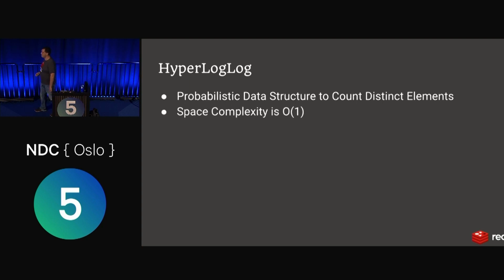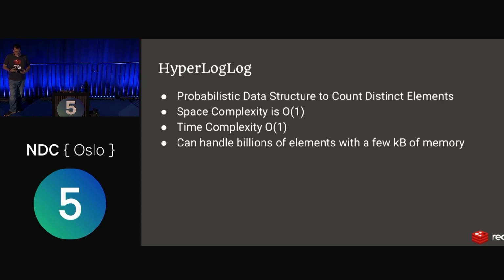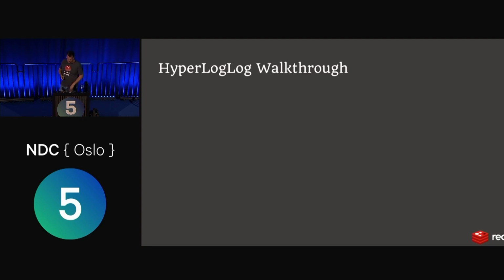The space complexity of a HyperLogLog is 1. The time complexities for HyperLogLog queries and insertions are also 1. They can handle billions of records with only a few kilobytes of memory. That's right. You can actually count billions of unique records with only a couple kilobytes of data used. You're not misreading that. That's correct. And it's pretty wild that it's able to do this.